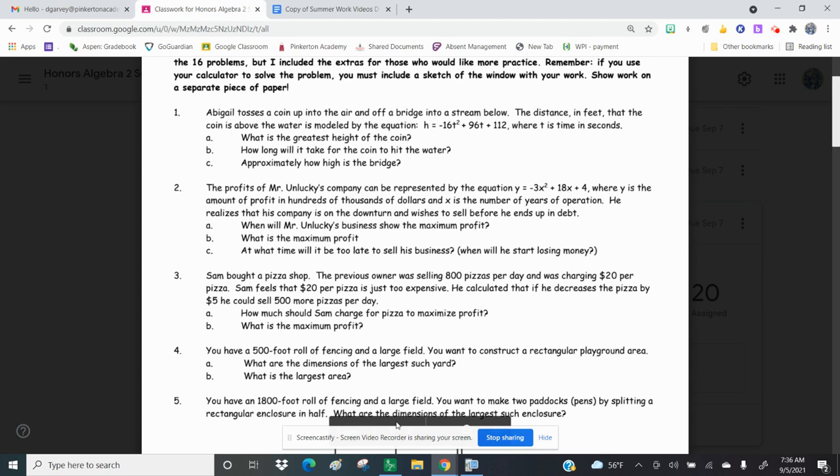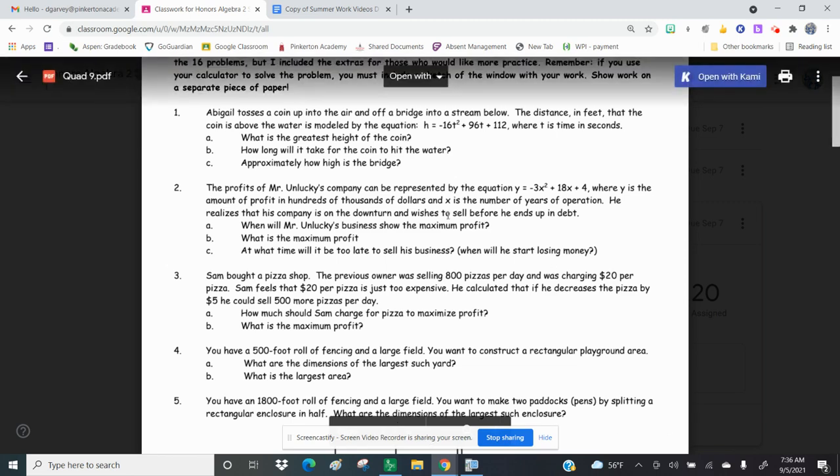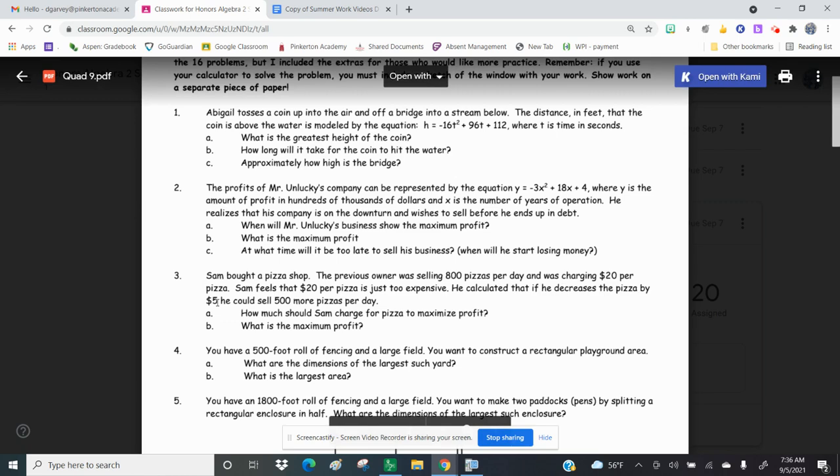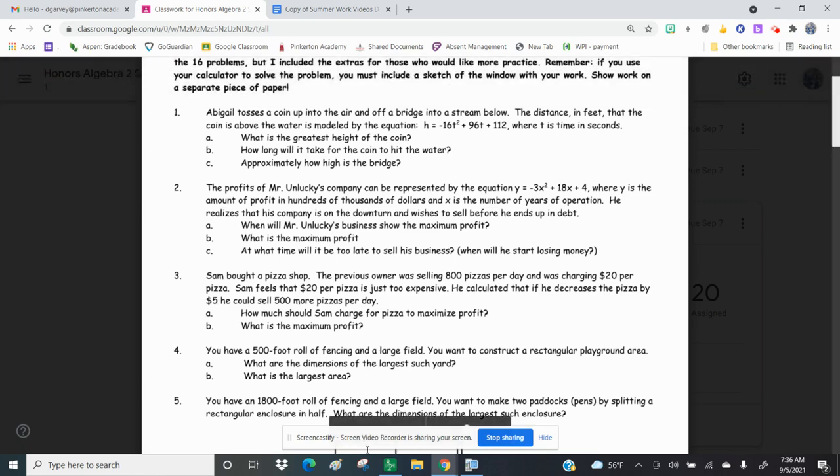So now we need to come up with an equation. If you remember, we set x equal to the number of price increases or decreases. So let's take a look at the problem and see if he is increasing his prices or decreasing his prices. Well, right here it says he calculated that if he decreases the pizza price by $5, so we know that he's going to decrease his price.